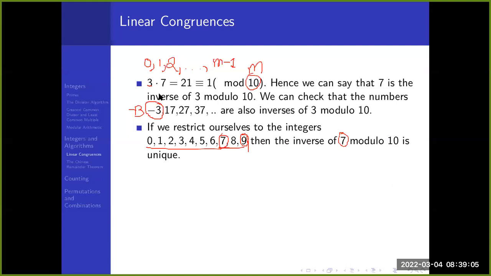So you can check that if you multiply 3 times negative 3, you get negative 9, and it is still congruent to 1. So there you go, negative 3 is also an inverse of 3 modulo 10. Negative 13 will do the same.